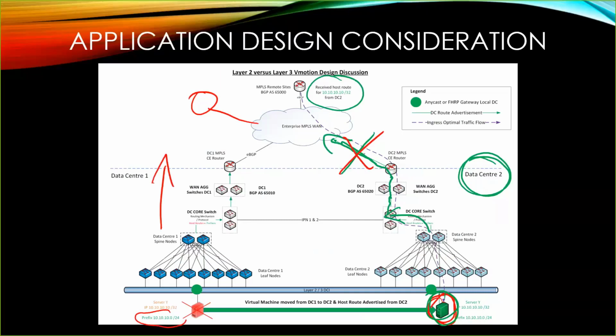So we would come in here, down into the core, and then route across, because this is aware that, or maybe it would be here, I don't know. It's been a long session, but anyway, in this routed environment, it would know that the host route for 10.10.10.10 was located down at the bottom.